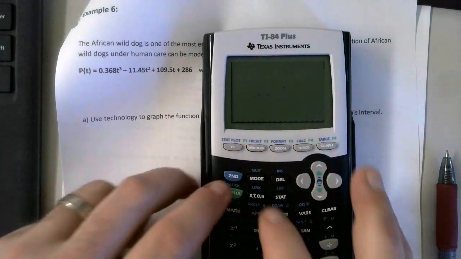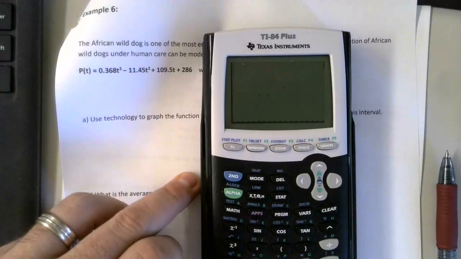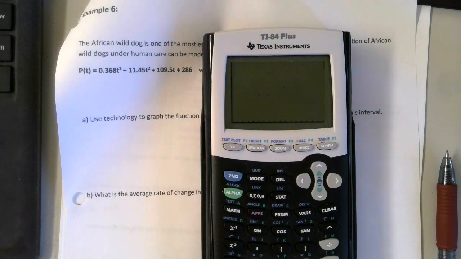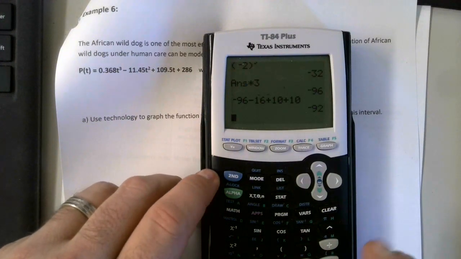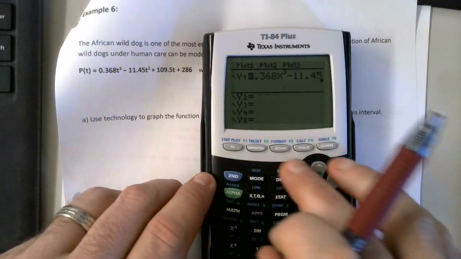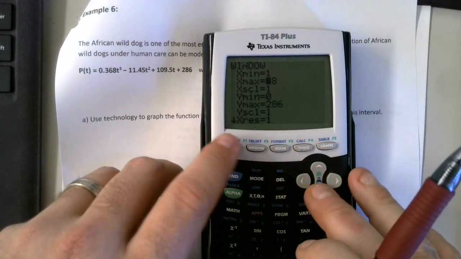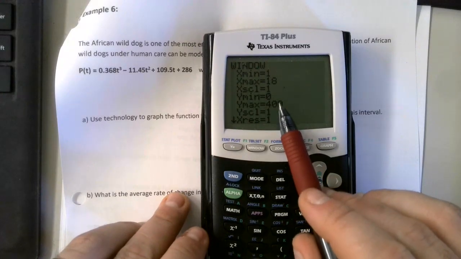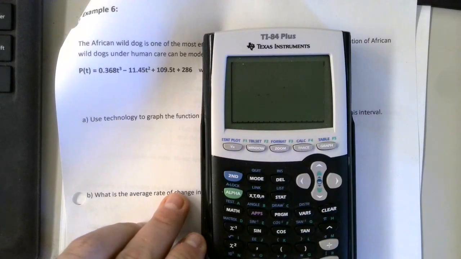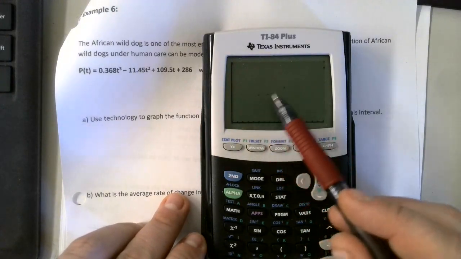My calculator is cracking out. That's funny. Let's see if it'll let me reset. Okay, so here's our window. Let me go up to like 400. So the Y max is up to 400. Let's see what happens now. I still can't see anything.